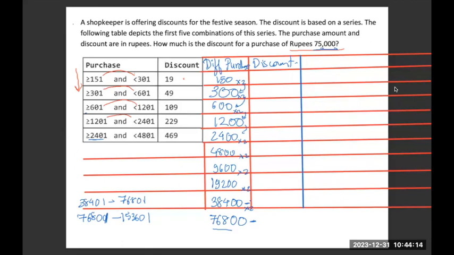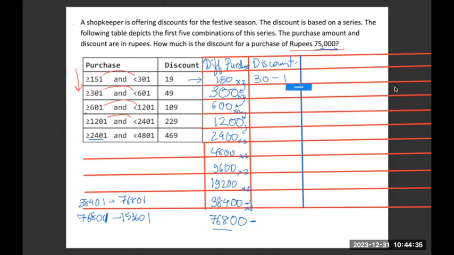But if I go by 30 minus 11, 15 into 2, 30 minus 11, 19. So after 30, next will come 60 minus 11, which works. So the 19 I'm saying is a combination of 30 minus 11.